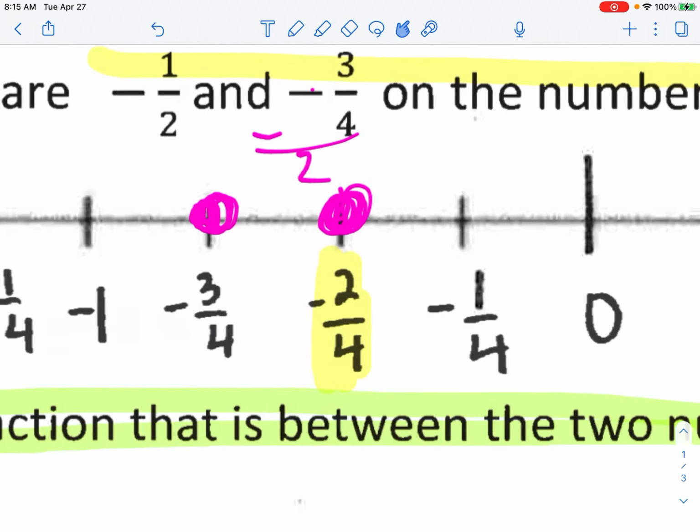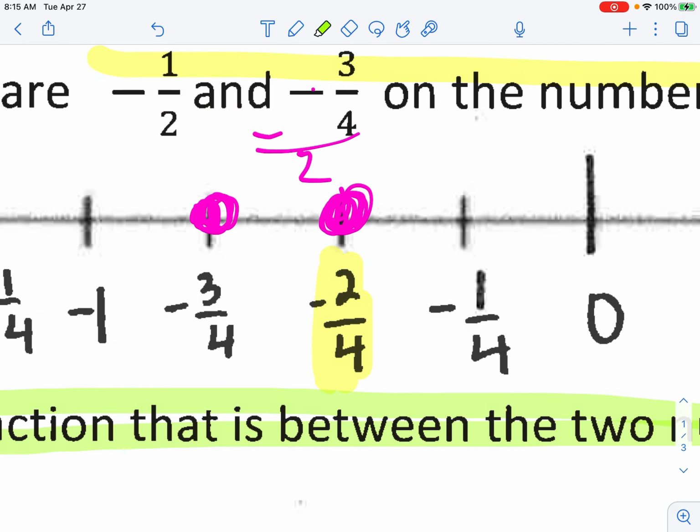So I'm going to zoom in here, and I'm going to highlight this space right here. Somehow I have to find a number that is between -2/4 and -3/4. Well, there's really nothing between -2 and -3. But what if I wrote equivalent fractions using bigger numbers?